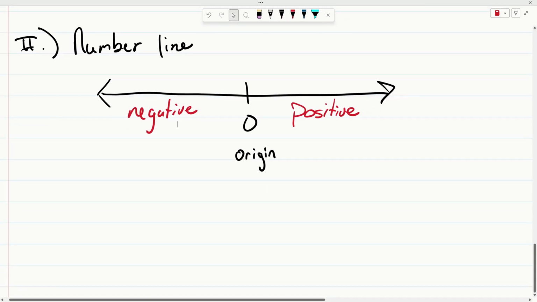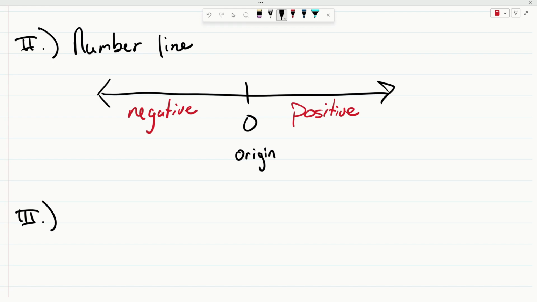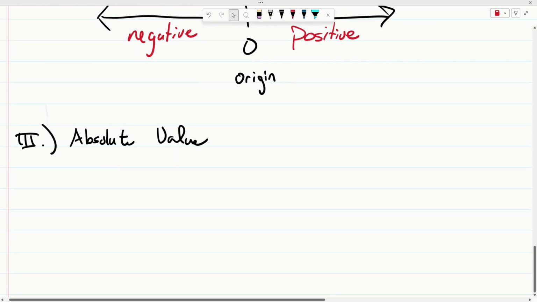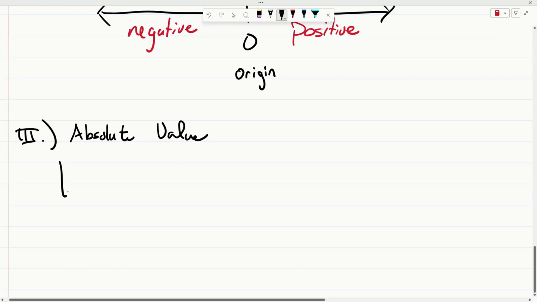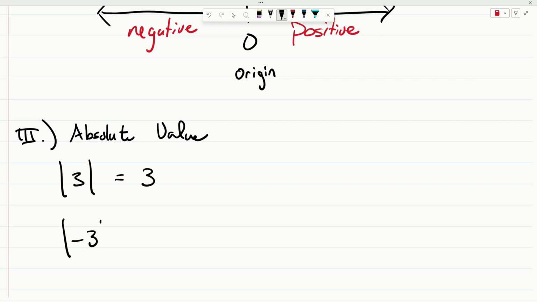Now, what about this thing called the absolute value? A lot of us have seen the absolute value, such as the absolute value of 3 equals 3, and the absolute value of negative 3 also equals 3.